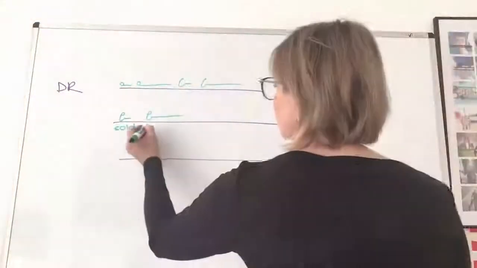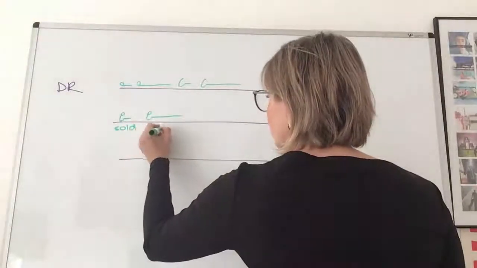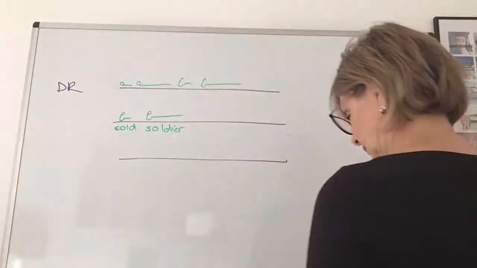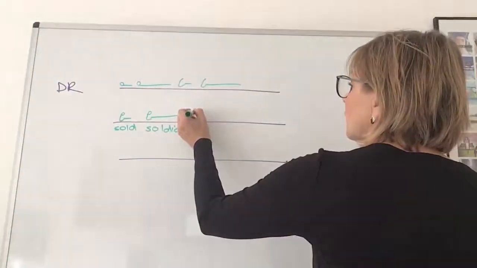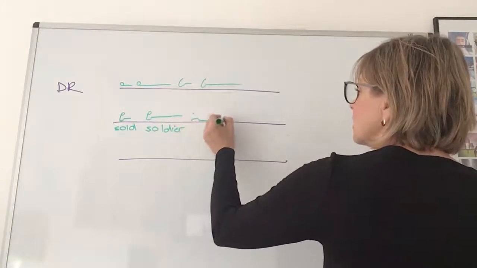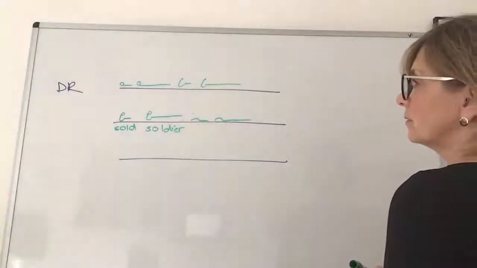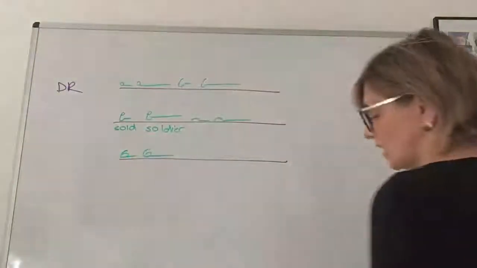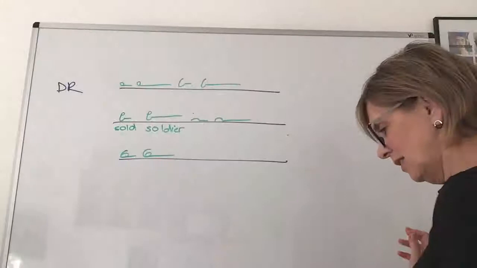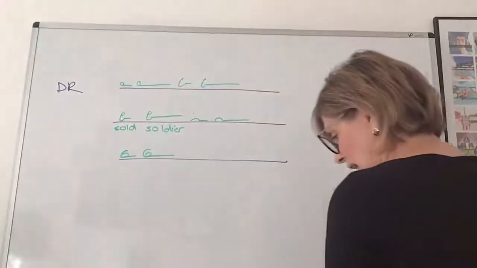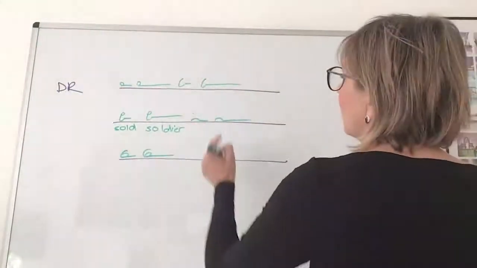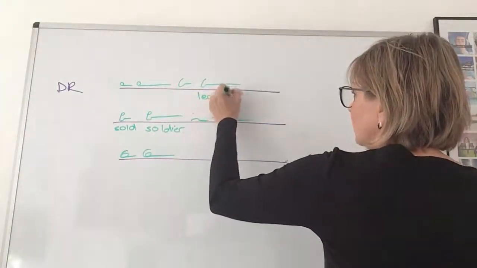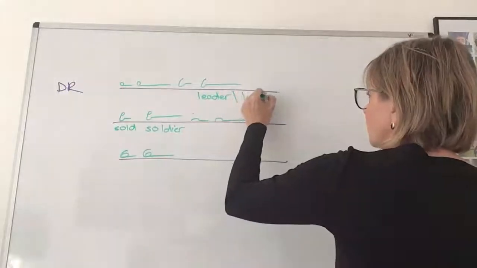So sold, if you add an R, could be solder, but it could also be soldier. Mad, madder. Bad, badder. Is there such a word as badder? Let's put this up here. Lead, leader, or ladder.